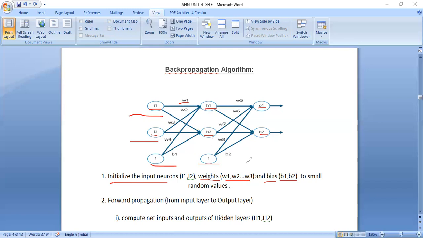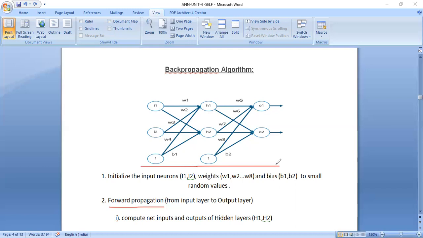Step 2. In step 2, we have to perform forward propagation. Forward propagation means we read this network from the input layer to the output layer, which means we calculate the functions from input signals to output signals.